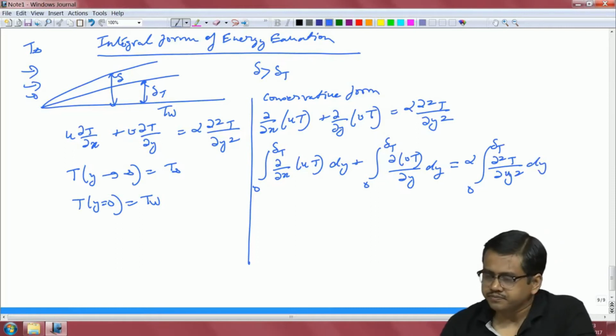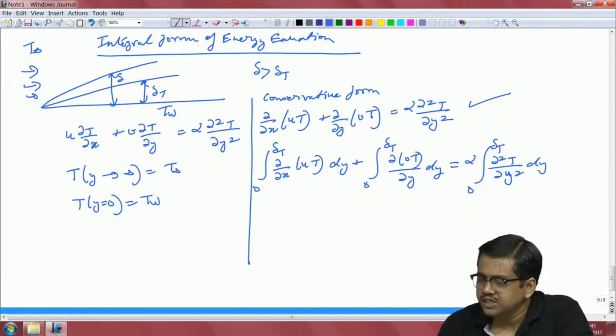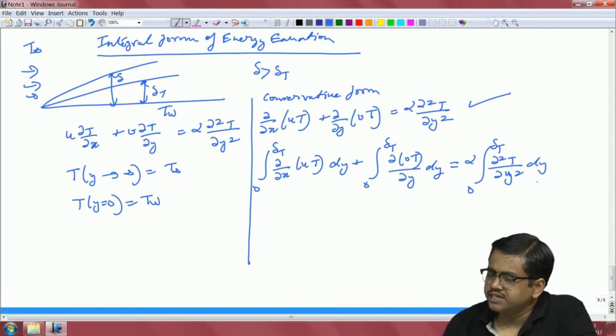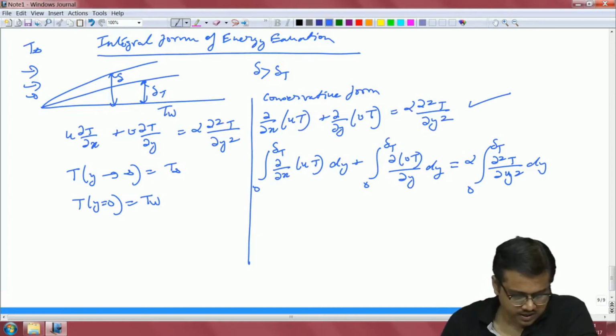Got it. So, this was the conservative form of the energy equation, that means you include the continuity, and we are integrating it with respect to y once again, that is what we did earlier.